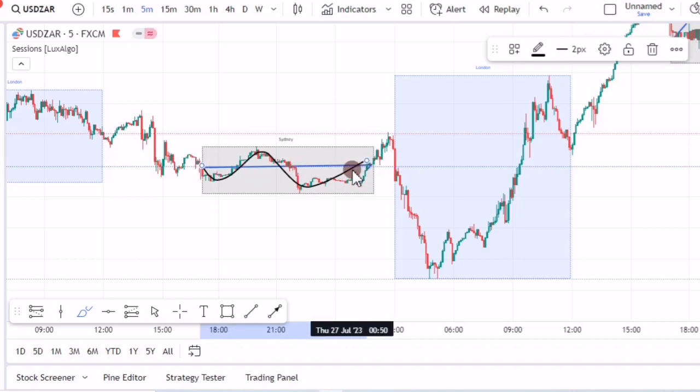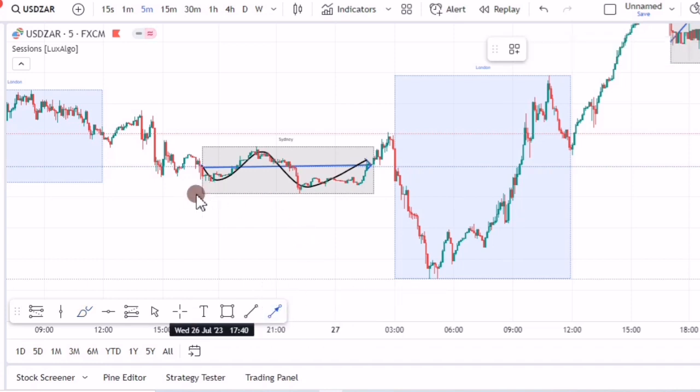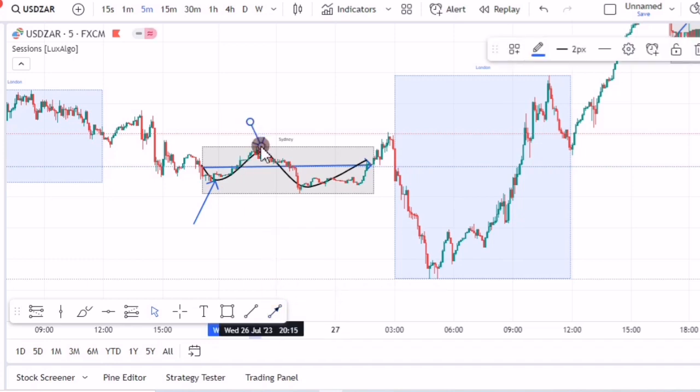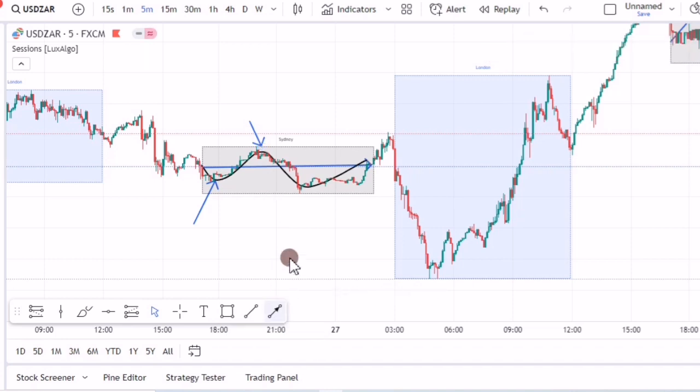You might as well ignore this, but if you really want to trade, because it's somewhat bullish, you can look for a buy trade somewhere there, then a sell trade somewhere there, and then a buy trade again somewhere there, because price is giving you the idea that it's going to be ranging.